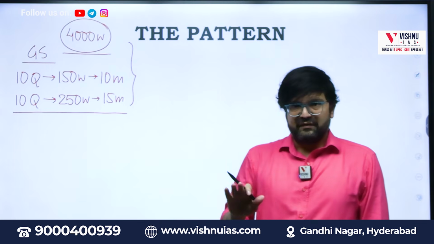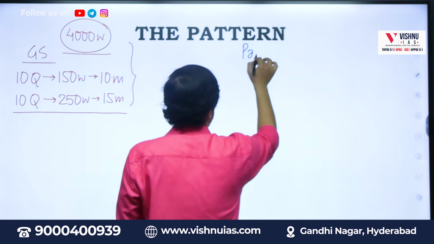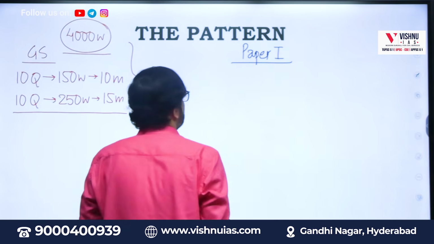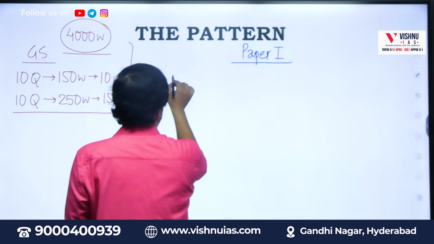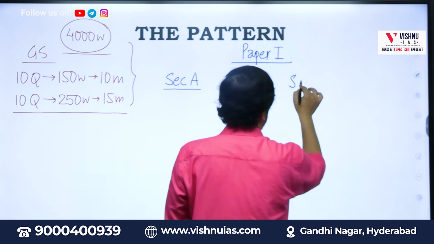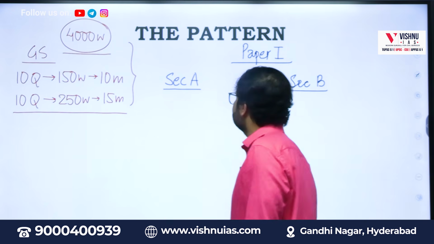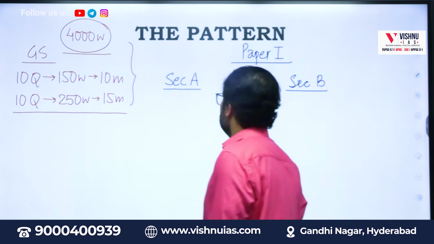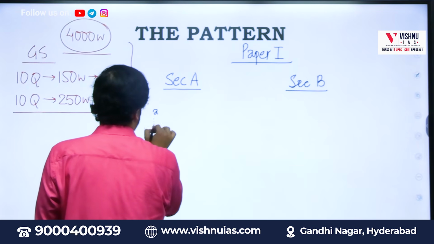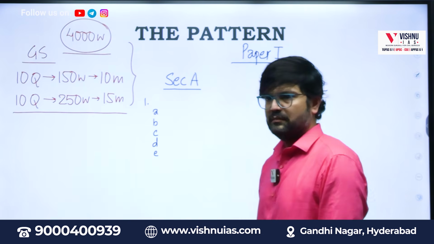Now let's come to the point of concern, which is our pattern for the optional paper. The optional pattern is completely different. I'll take paper 1, but whatever optional you have, the pattern remains the same. Paper 1 will have 2 sections, section A and section B. Clear? In section A, the first question has 5 sub-questions.